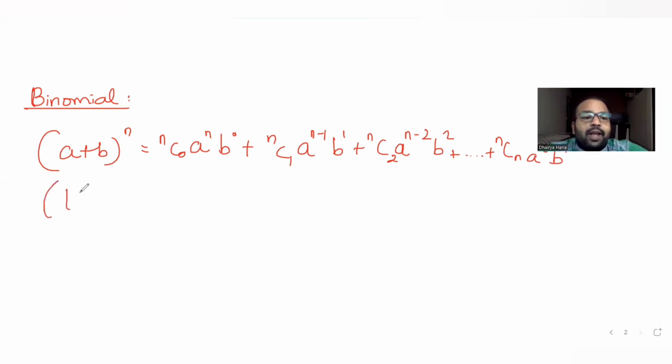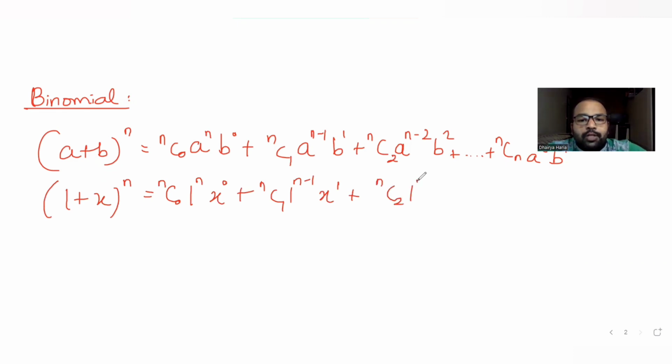Now if I write a as 1 and b as x, it becomes nC0, 1 raised to n, x raised to 0, nC1, 1 raised to n minus 1, x1, then nC2, 1 raised to n minus 2, x square, and so on till nCn, 1 raised to 0 and x raised to n.